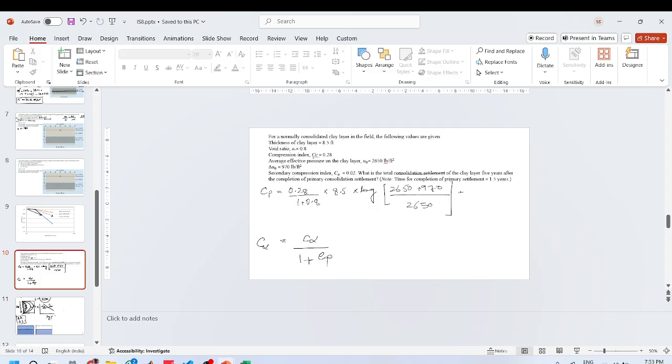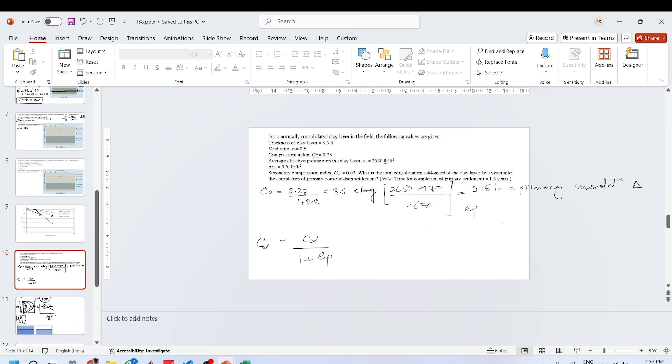We calculate the final void ratio here. This comes out to be 2.15 inches, primary consolidation settlement.